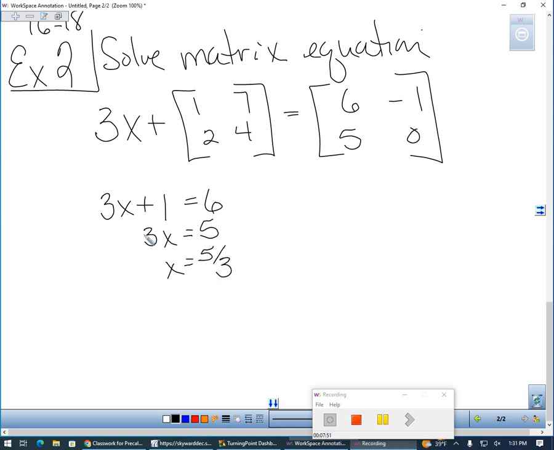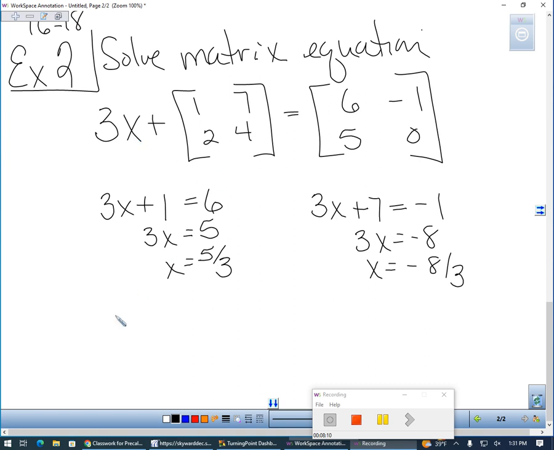There's my first spot in my matrix. Now I'm going to go to A12, so I have 3x plus 7 equals -1. Subtract 7 to the other side, we have 3x equals -8. So x equals -8 thirds. Again, we're leaving them as improper fractions, no decimals.